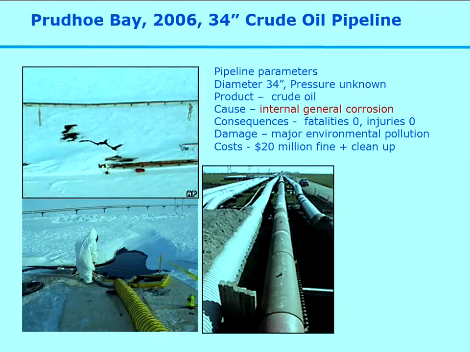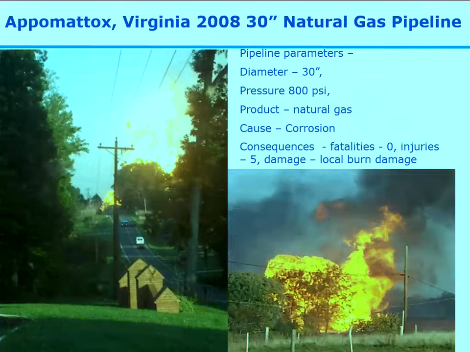This is an interesting one, because this particular failure, which occurred in 2008, was one of three pipelines coming out of a compressor station, and all three pipelines had been inspected by the operator by inline inspection, and for this particular pipeline the results had not been assessed at the time of the failure.